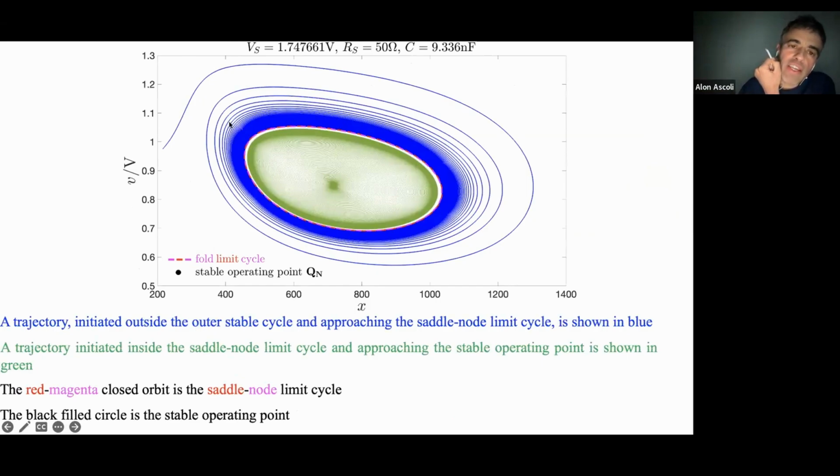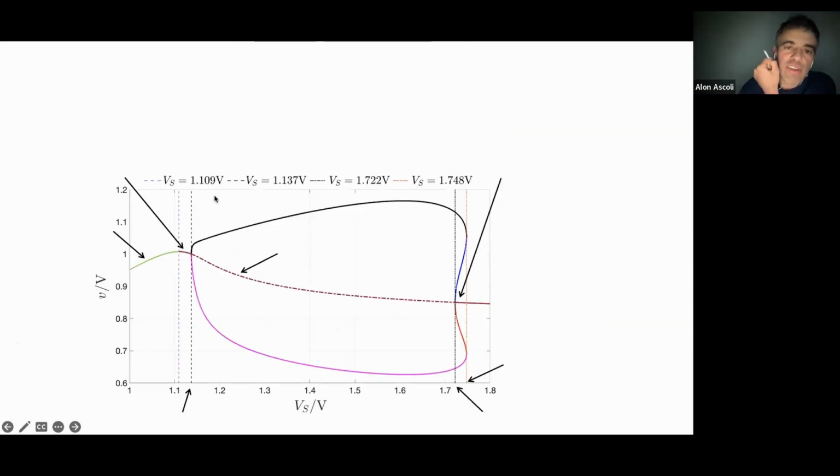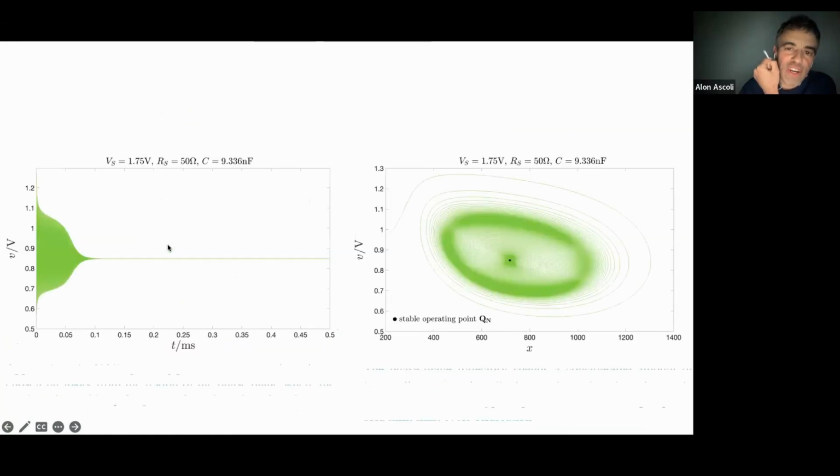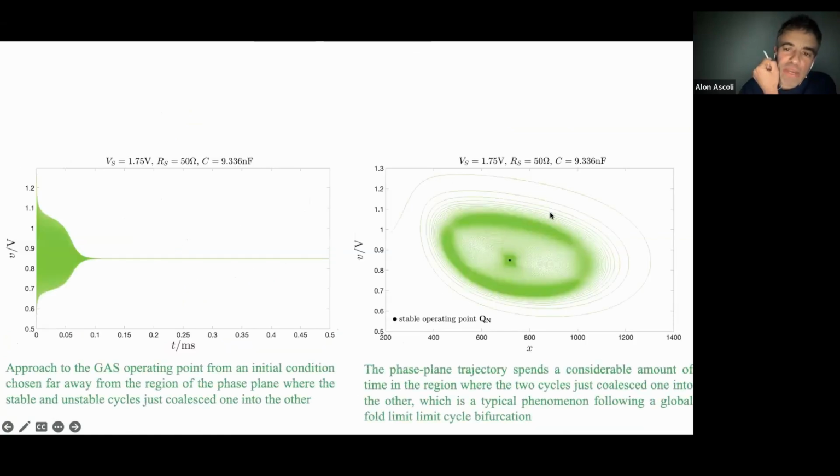So everything initiated outside converges to this fold limit cycle. Everything initiated inside converges to the operating point. And after this point, we have the silent phenomena, of course, and the trajectory spans a lot of revolutions around the area where the two cycles just collided, but finally, asymptotically, evolves towards the globally asymptotically stable operating point.